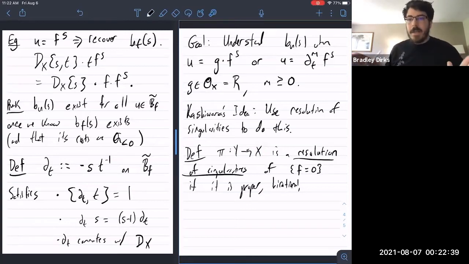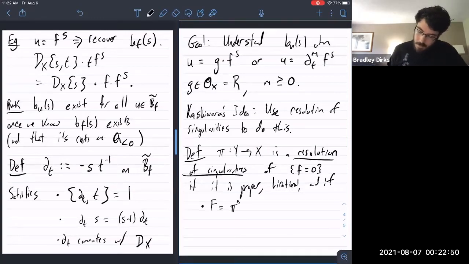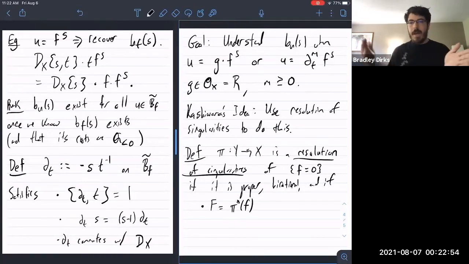And we'll be very specific on what open set we want it to be an isomorphism of later on. And we want to be able to pull back this function f, so we're really just composing, f is a map from x to C, and so pi upper star f is a map from y to C.